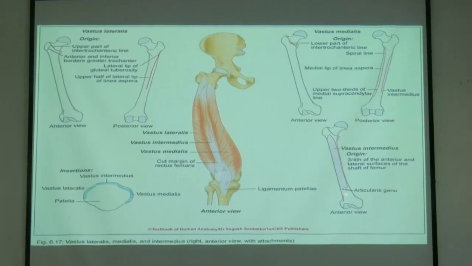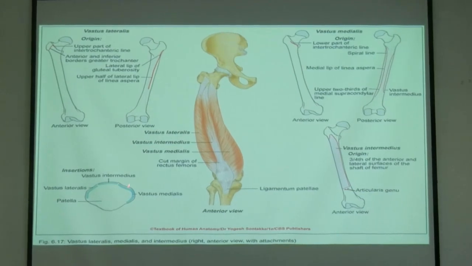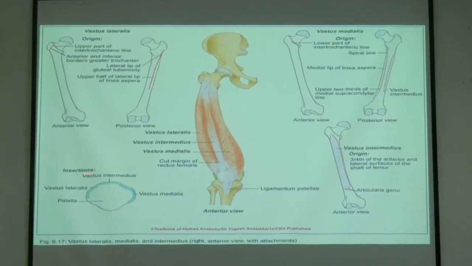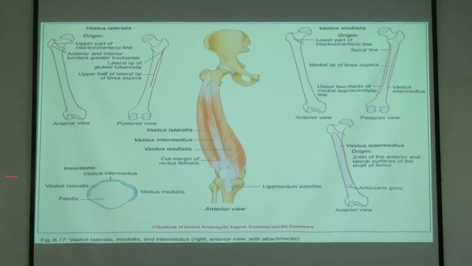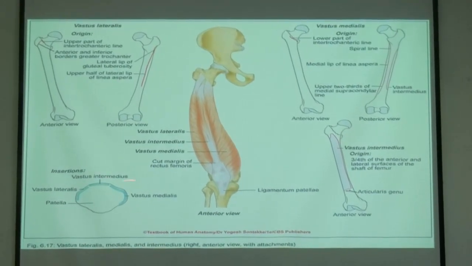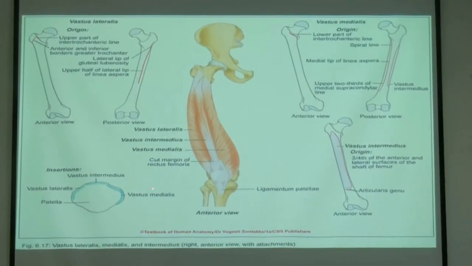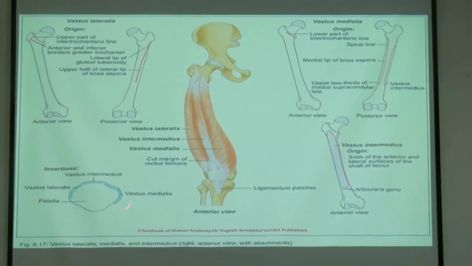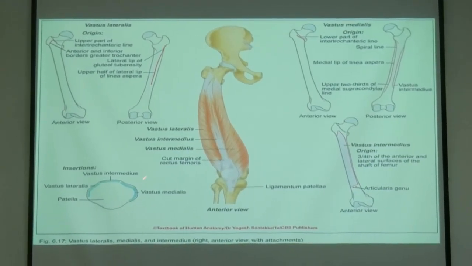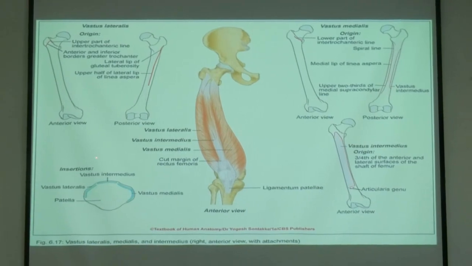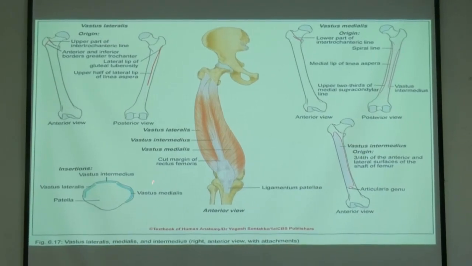This is the origin of articularis genu. Okay, and here is insertion of vastus medialis at the base of the patella and in the medial 1/3 of the base of the patella and upper 2/3 of the medial margin of the patella. Okay, this is insertion of vastus medialis.